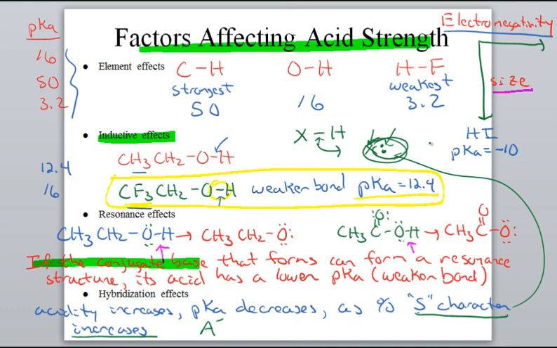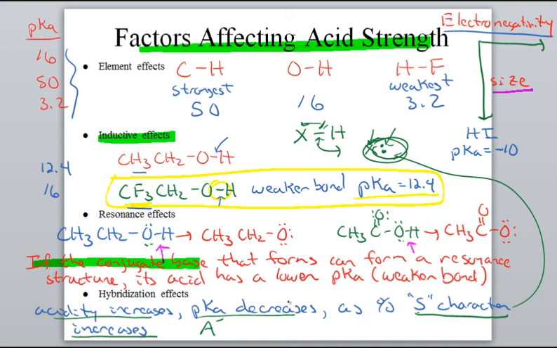As the S character decreases, these bonding electrons are further from X, closer to hydrogen. So as percent S character increases, acidity increases, pKa decreases for the acid that forms the conjugate base.